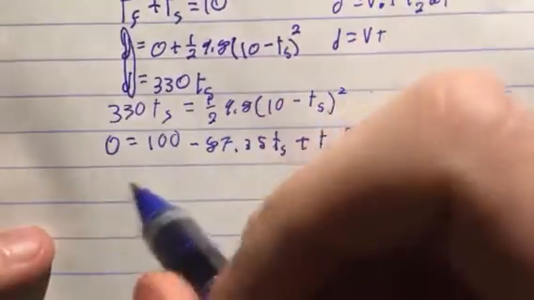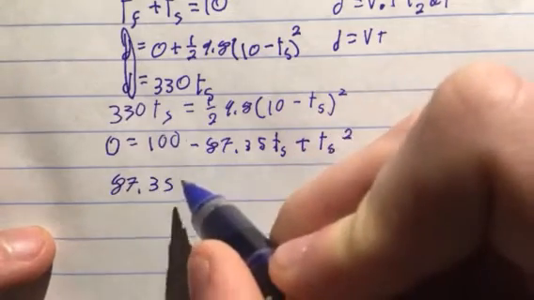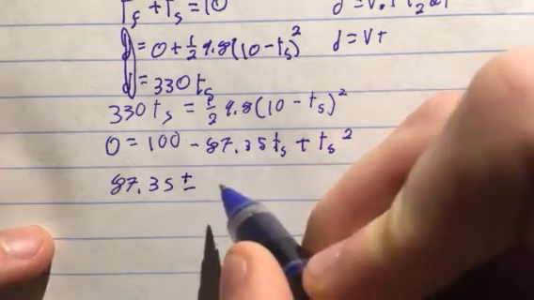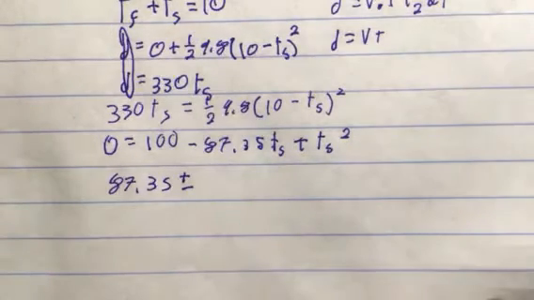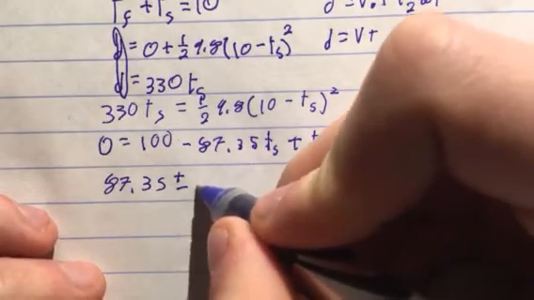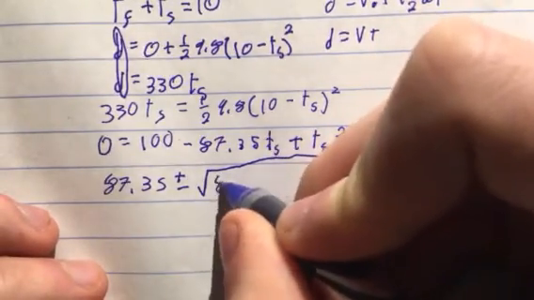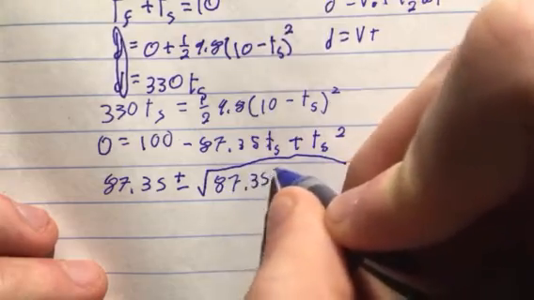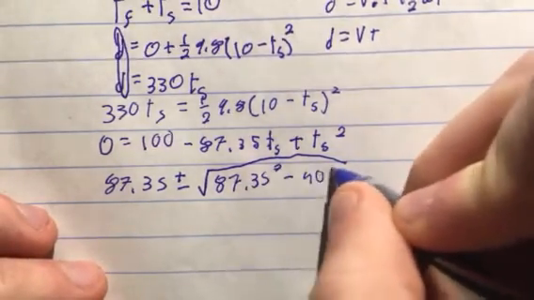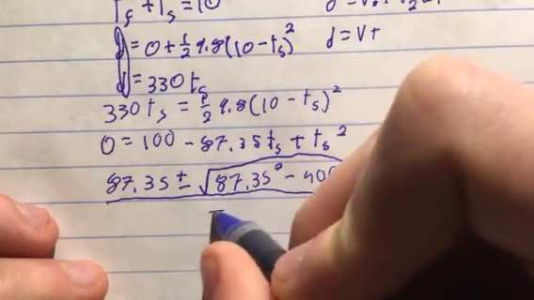Okay, so we're going to write out our quadratic solution now, which is 87.35 plus or minus the square root of 87.35 squared minus 400, all over 2.